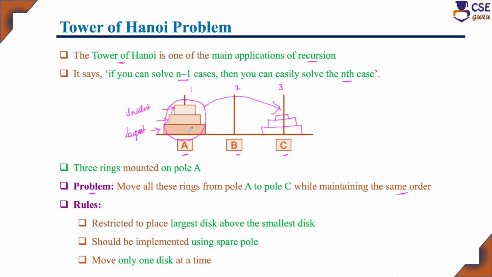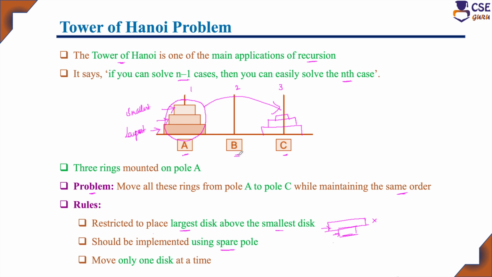To move from pole A to pole C, what are the rules you need to follow? First, it is restricted to place a larger ring above a smaller one. If the bottom ring is the smallest one, you should not place the largest one above it. That is the first rule. Second, the complete problem can be implemented using the spare pole, that is, the intermediate pole.